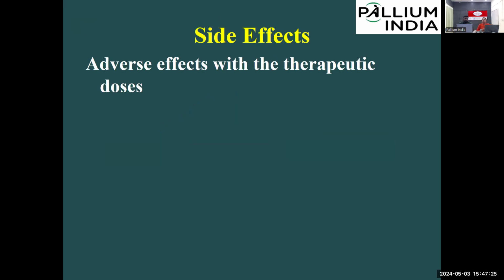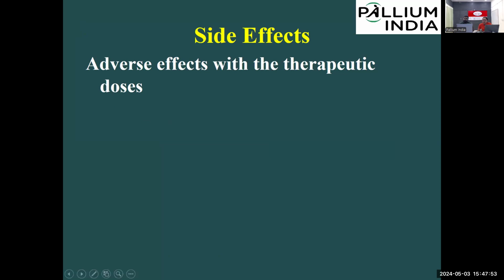So now moving on to the side effects of morphine. The side effects of morphine can be classified as adverse effects as well as toxic effects. Adverse effects with therapeutic doses are called side effects. Any idea about the side effects of morphine?